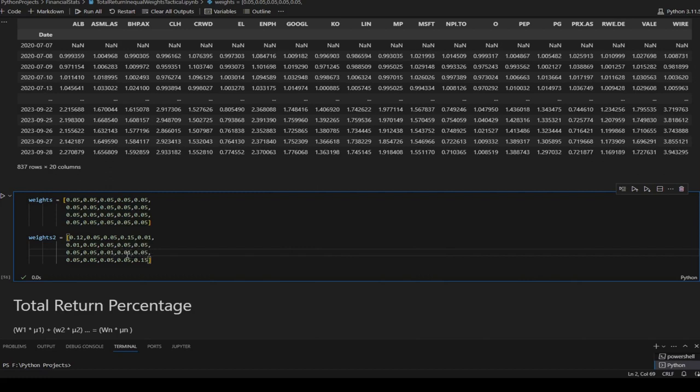And maybe we will lower the rest also. So Procter & Gamble, PRX, and RWE. And now we should have 1.